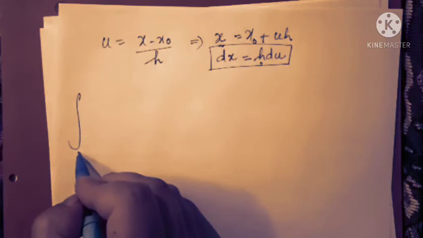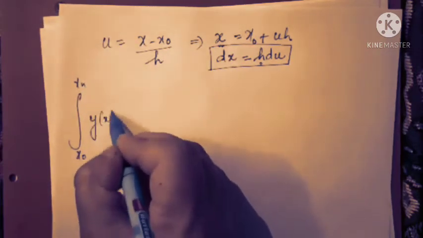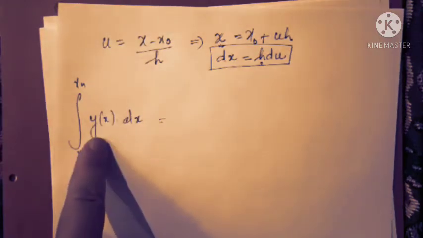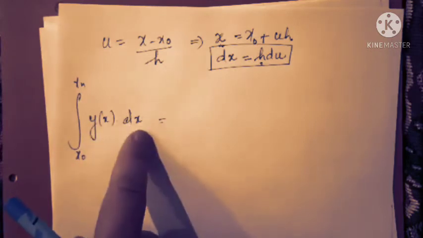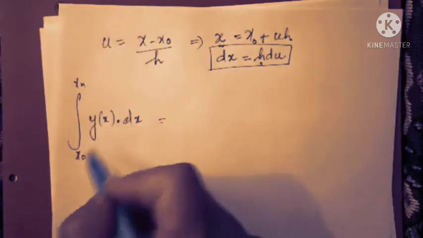So we have to take the integral of y of x into dx, where y of x is the Newton's forward difference interpolation formula we have, with respect to this differentiation.